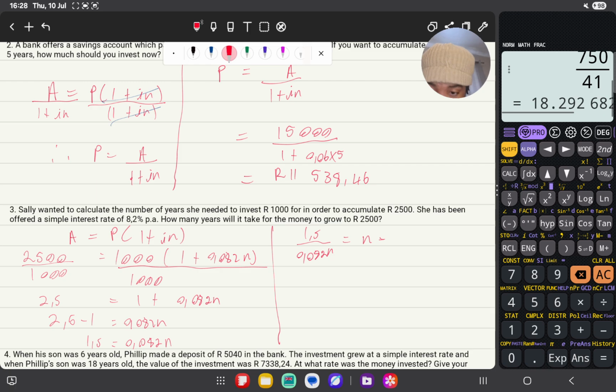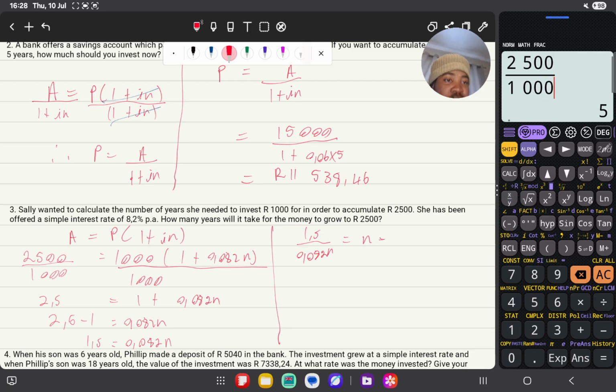So here we are dividing by 1,000. 2,500 divided by 1,000 should be 2.5 exactly. Then you have 1, and this one goes that side to be minus. You have 1.5 divided by this, and I'm getting 18.29, I think, right? So let's just hold that number.